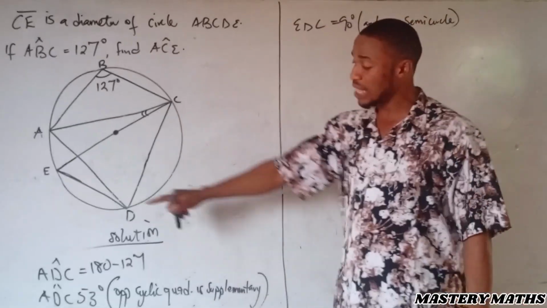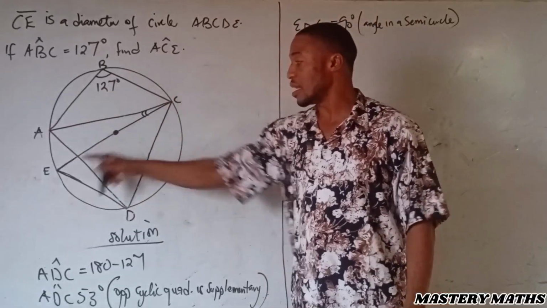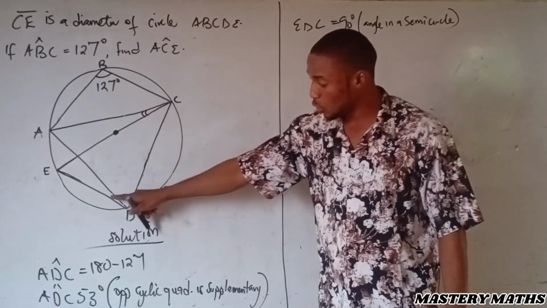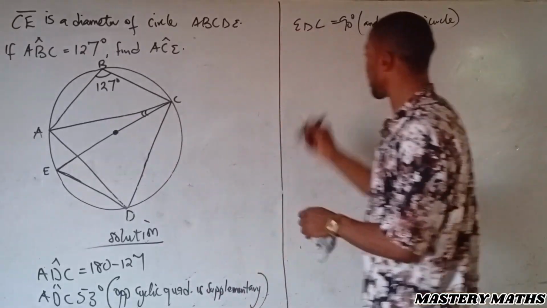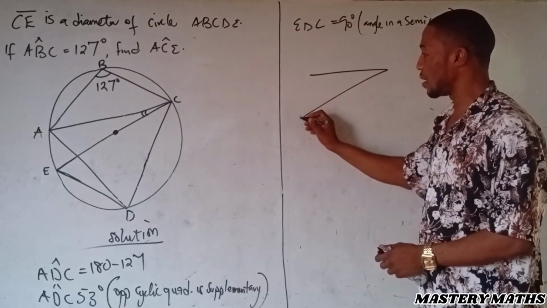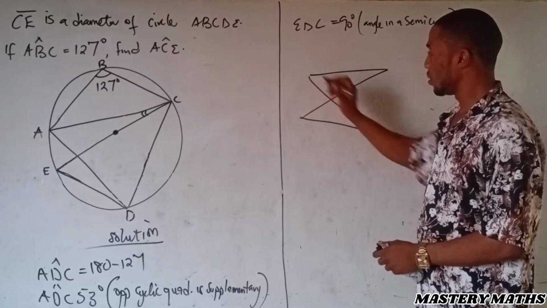When we're able to get that angle, we'll call it our ACE, which is an angle in the same segment. If you watch this now, it looks like a butterfly. If I redraw this, it looks like this. You see it now?